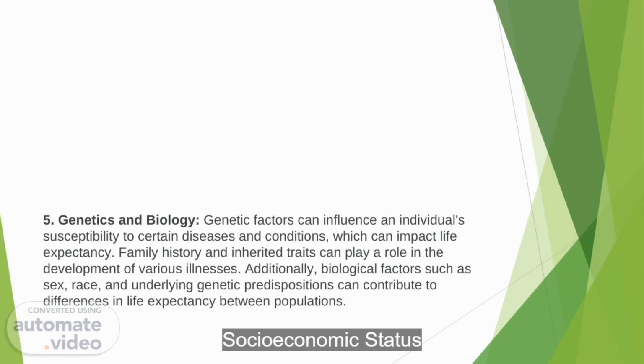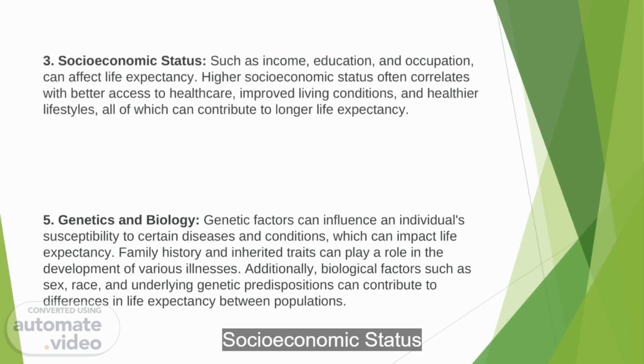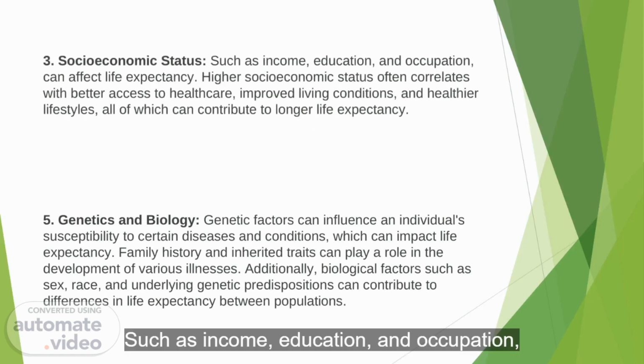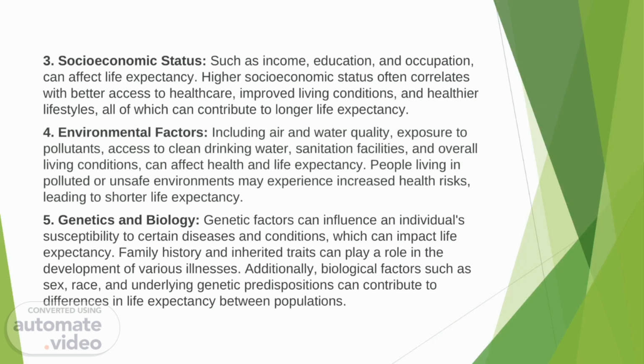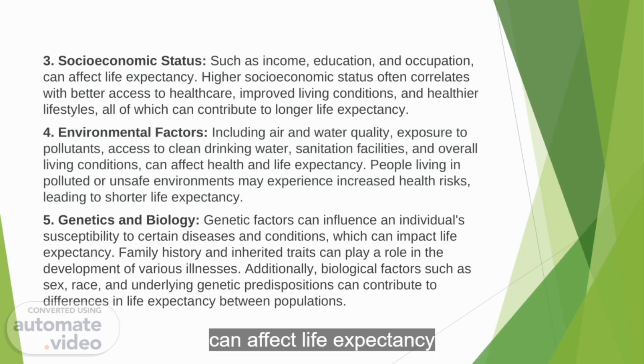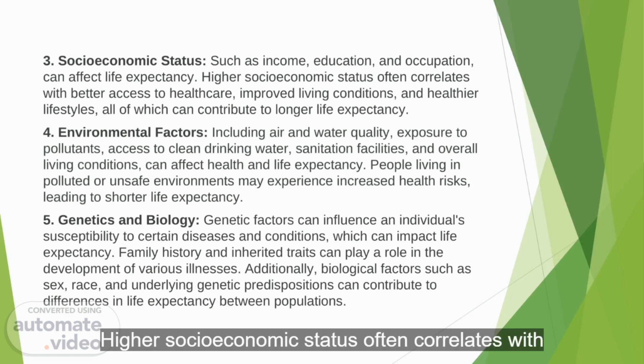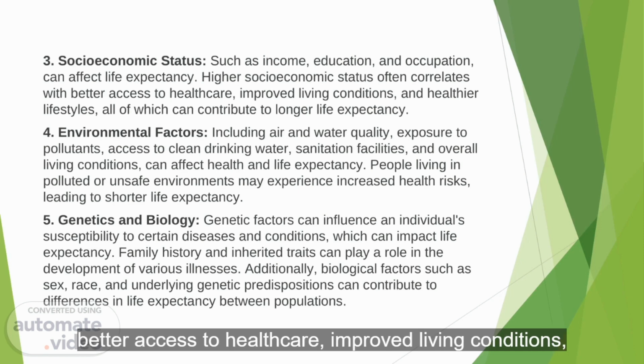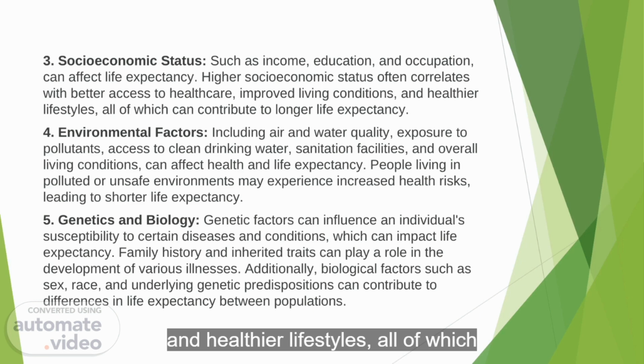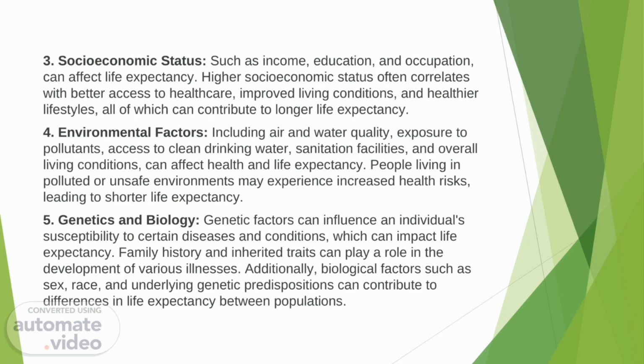3. Socioeconomic status. Factors such as income, education, and occupation can affect life expectancy. Higher socioeconomic status often correlates with better access to healthcare, improved living conditions, and healthier lifestyles, all of which can contribute to longer life expectancy. 4.